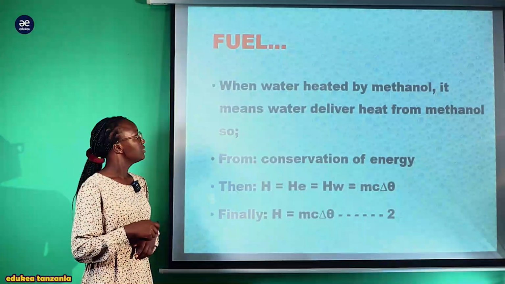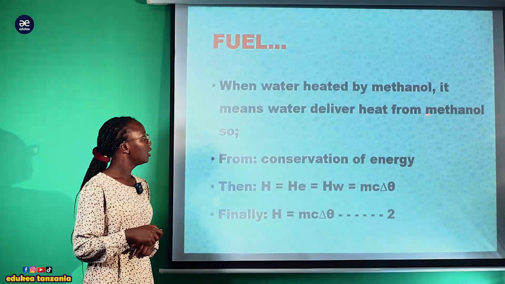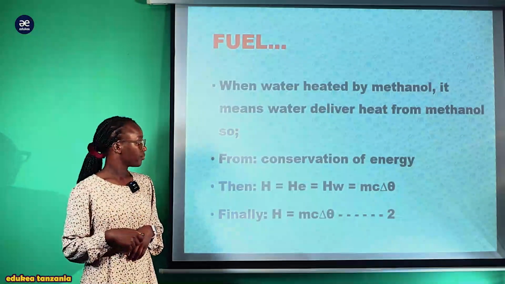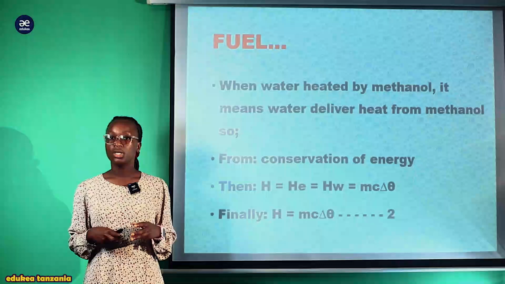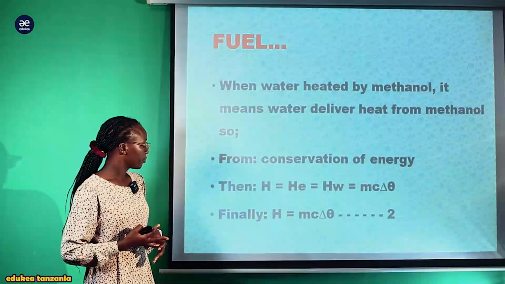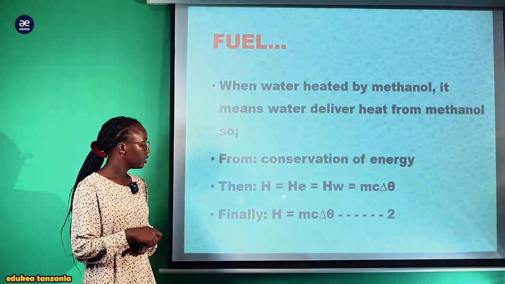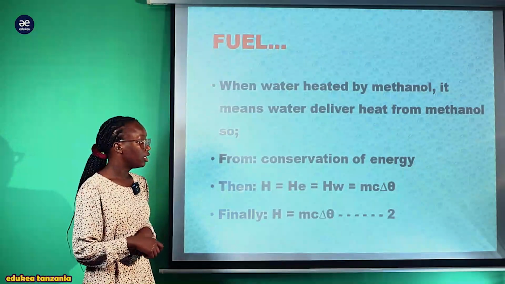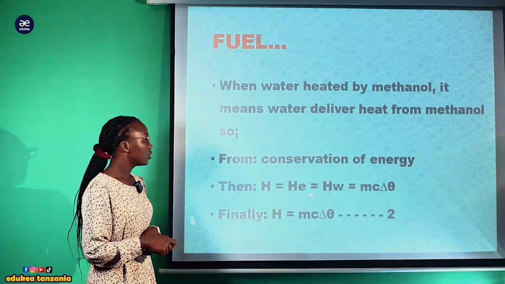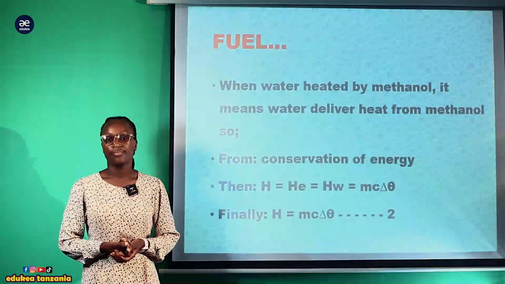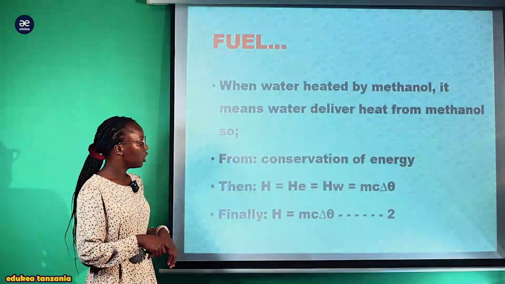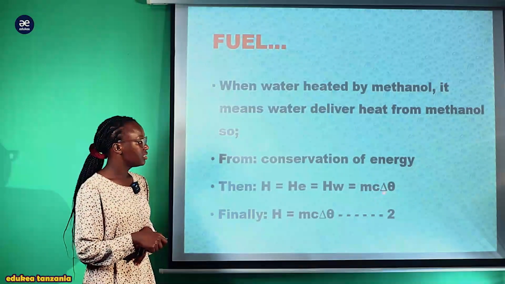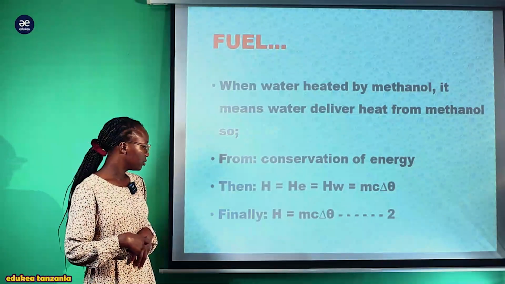Now you can see when water is heated by methanol, it means water receives heat from methanol, so that according to the conservation of energy law, the heat of the ethanol or methanol will be equal to the heat of water, and this energy is equal to mc change in theta.